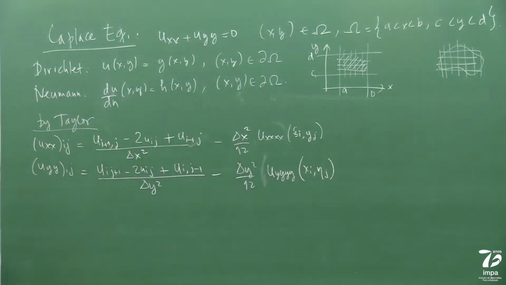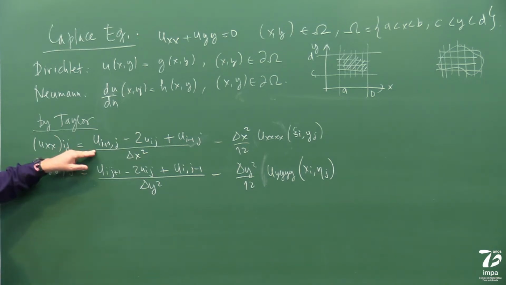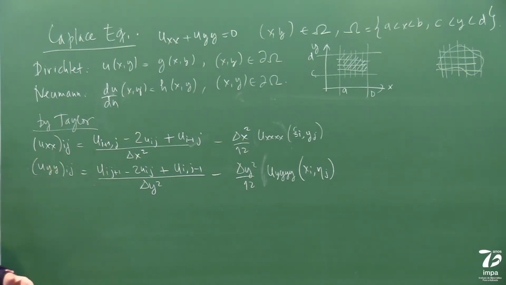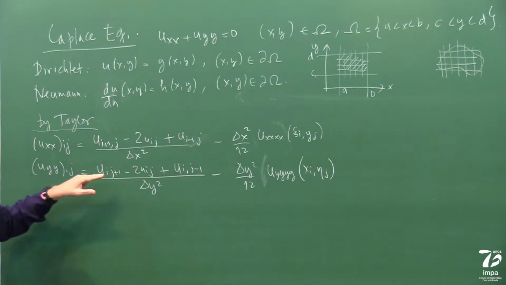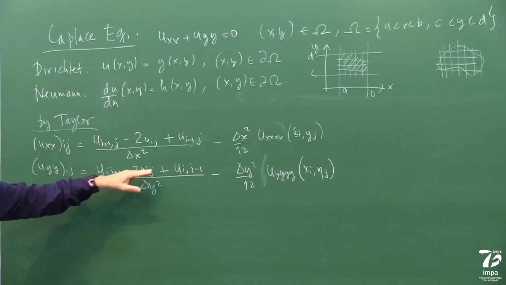Basically this is just a Taylor polynomial to some extent, canceling things. So this is our centered difference for the second derivative. I think we've seen this. I hope I have the indices right: i plus 1, i minus 1, j plus 1, j minus 1.